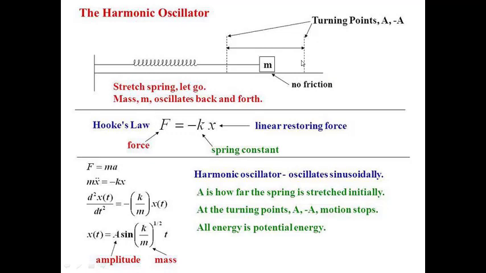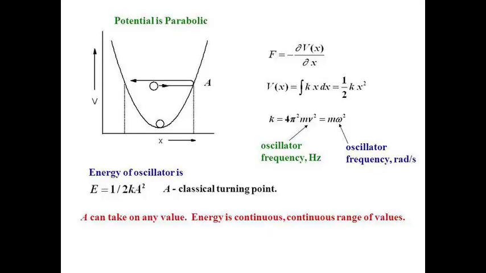All the energy in this system is potential energy. Whenever you work with the potential graph with respect to the position x, when the particle starts oscillating, it starts a back and forth movement.